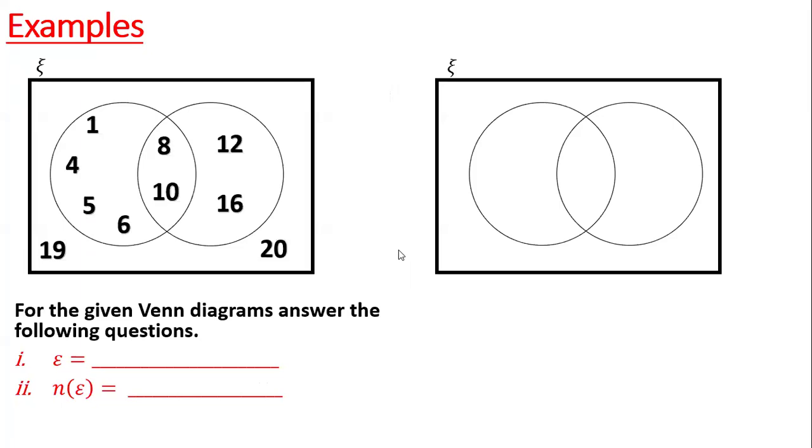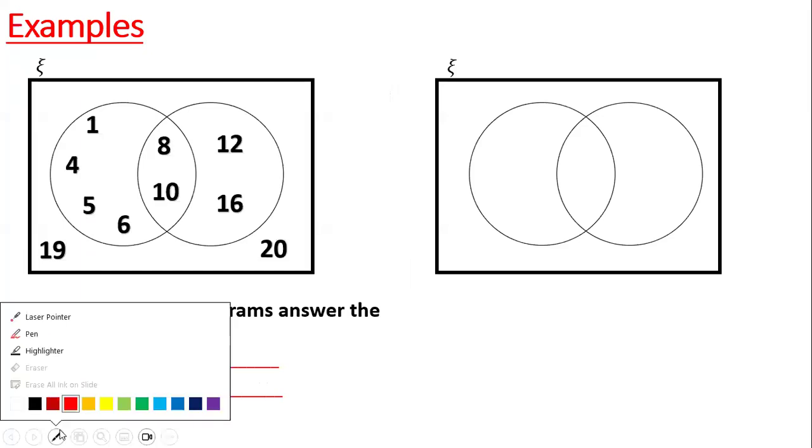All right, so the question says that they want us to figure out the universal set. What are the elements in the universal set? How are we gonna do that?